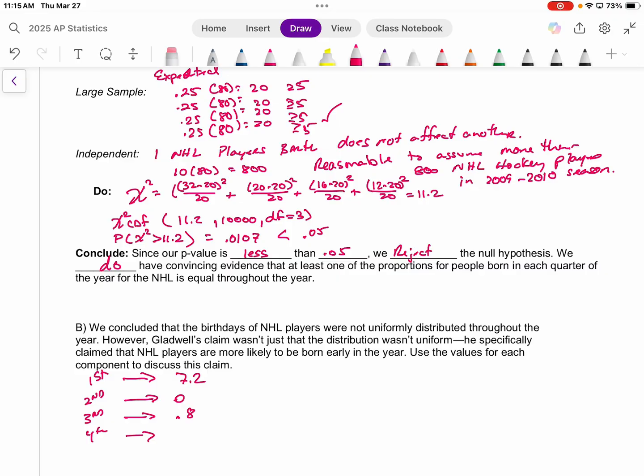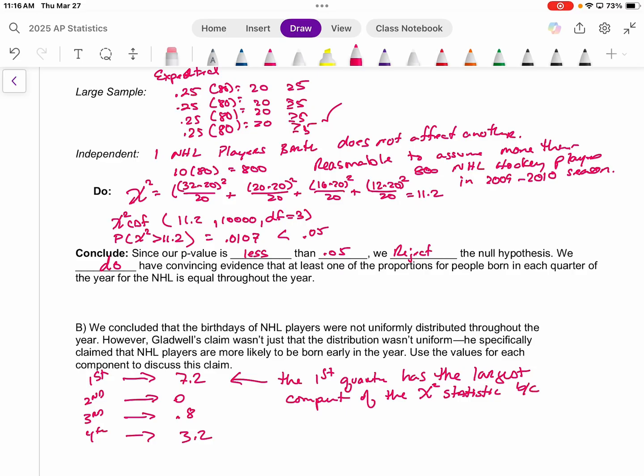And the fourth quarter was 3.2. So when we look at that 7.2, the first quarter has the largest component of the chi-squared statistic.